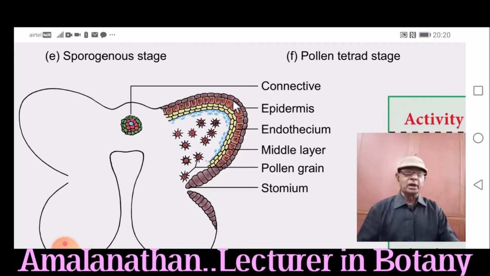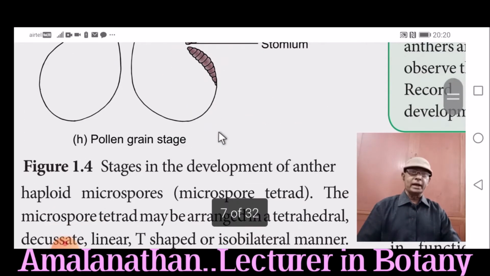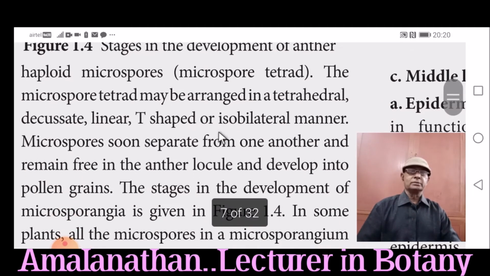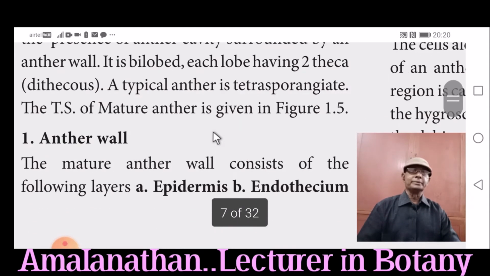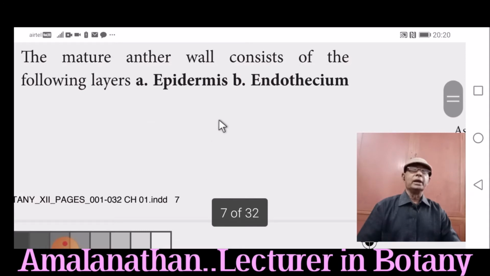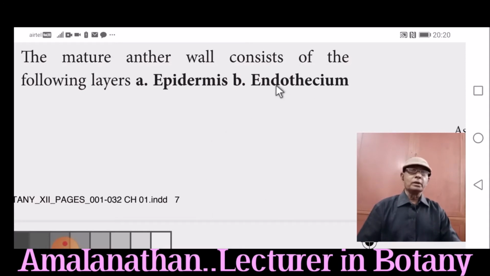This is the outermost protective layer. Outermost wall layer of the anther is the epidermis. The epidermis protects the internal parts of the anther. So that is epidermis. The second one, endothecium.